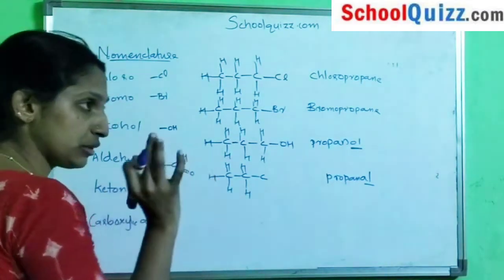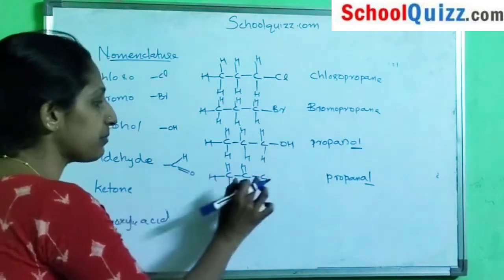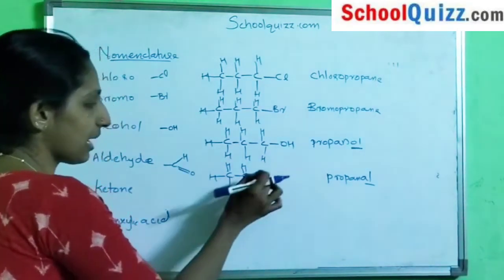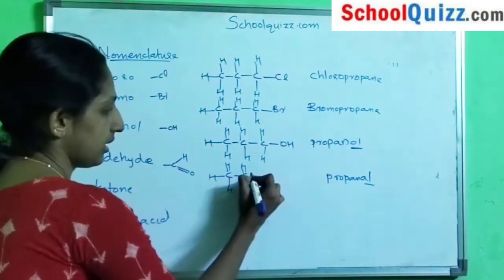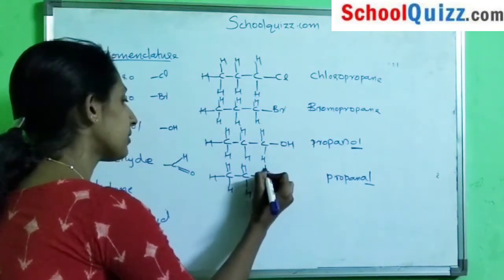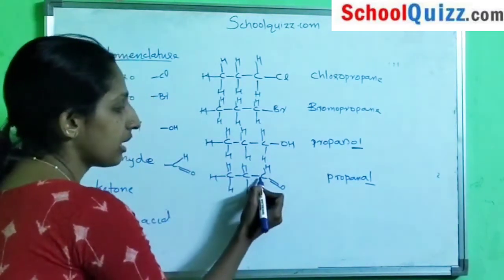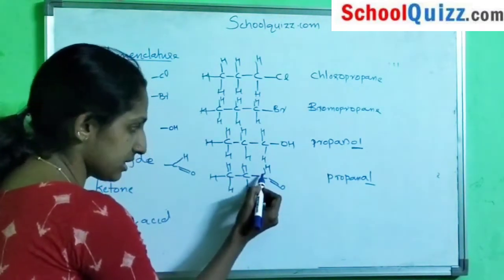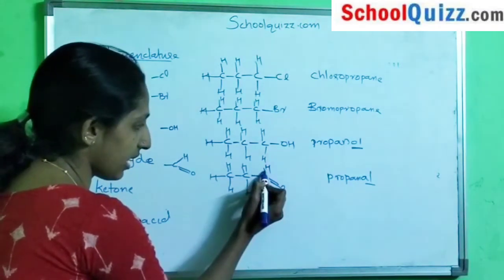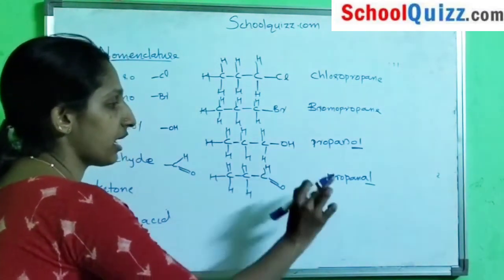So, in total, since the functional group contains 1 carbon atom, we have to write the carbon chain accordingly. Then we can write this CH double bond O and check whether the valencies are satisfied. Here carbon has 4 valencies, satisfied by 1 hydrogen, 1 bond and 2 bonds. So this is the structure of propanal.